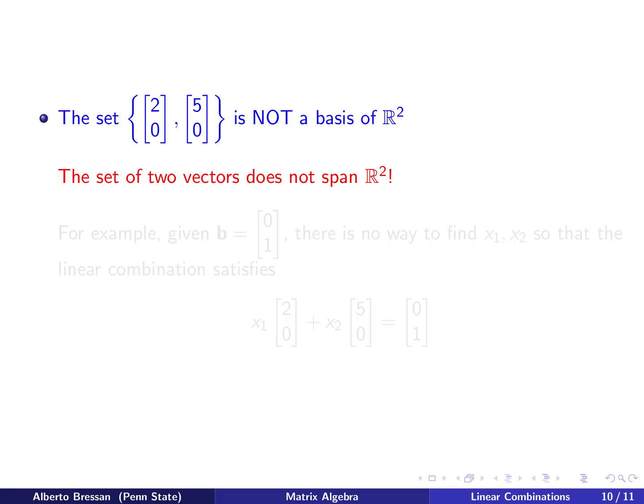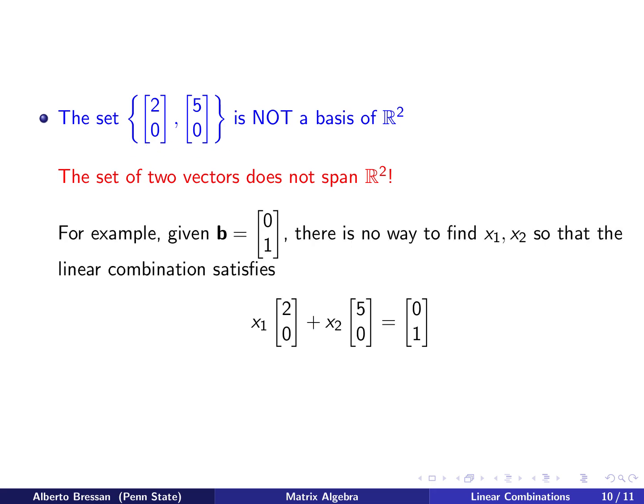Another way would be, we can show that these two vectors do not span R2, meaning that there are vectors in R2 that cannot be obtained by a linear combination of these two vectors. Okay, let's try to show that.